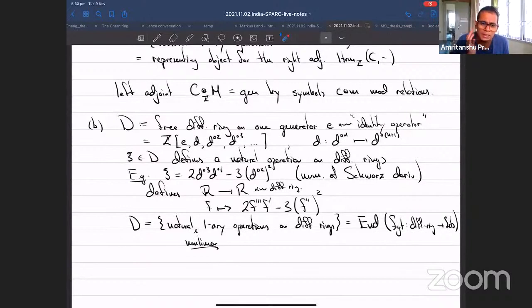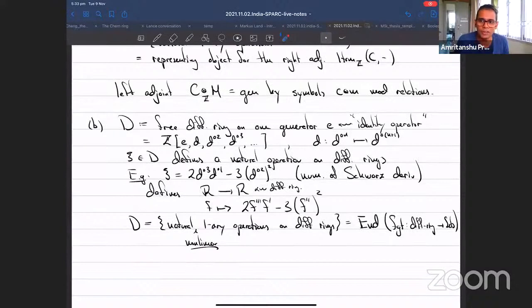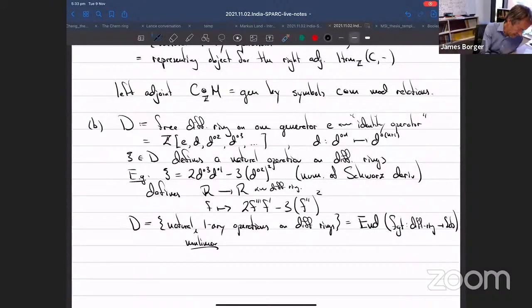And related to Uri's question, what you've written down is D evaluated at R, right? The natural transformation D evaluated at R is the D operator on R. D is a natural transformation, so you evaluate it at every object in the category. And D is the set of all natural transformations.